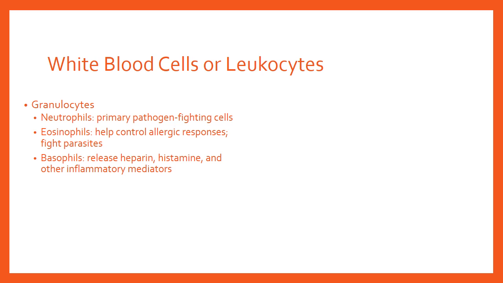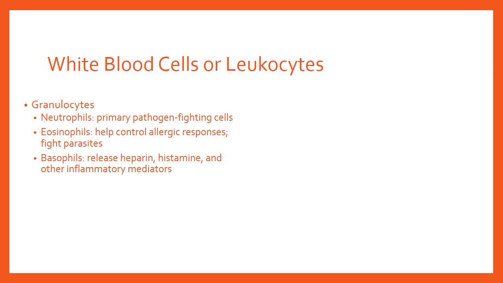Neutrophils are the first responders to an invasion. Eosinophils help control allergic responses and fight parasites. They are also involved in processes such as asthma. Please remember the expression: worms, wheezes, and weird diseases. So these are the eosinophils, what they do. Basophils release heparin, histamine, and other inflammatory mediators.